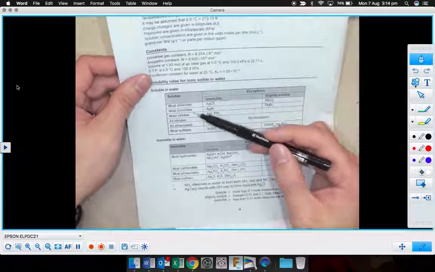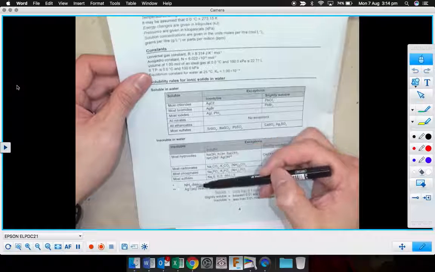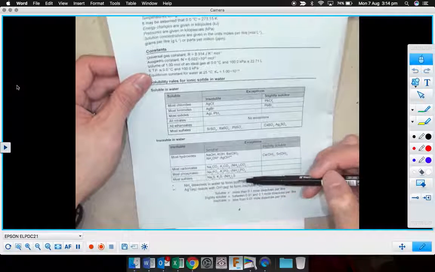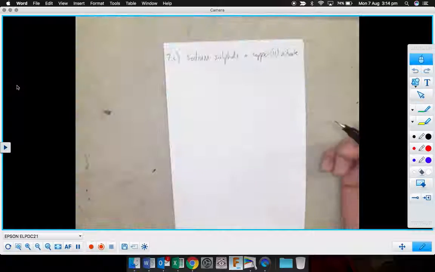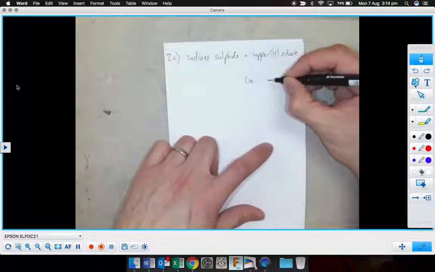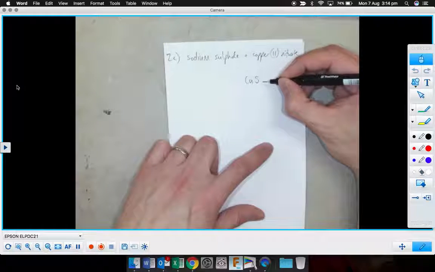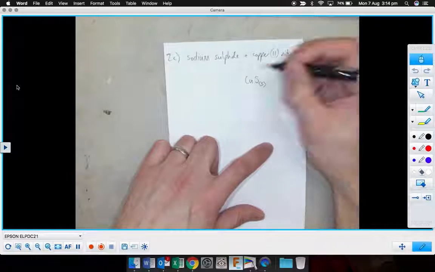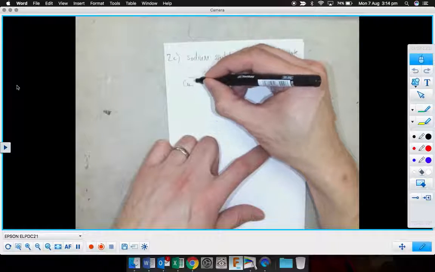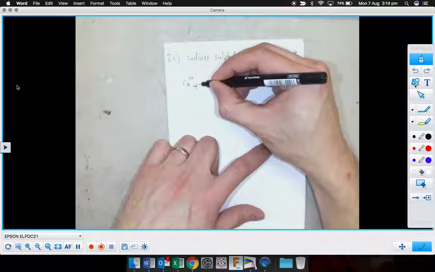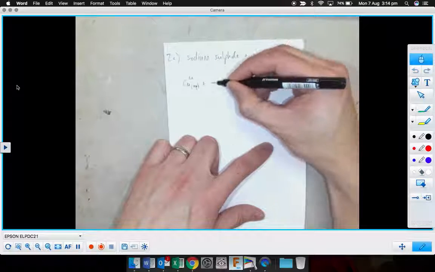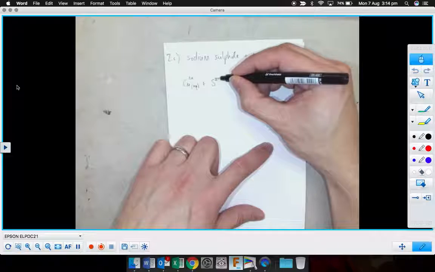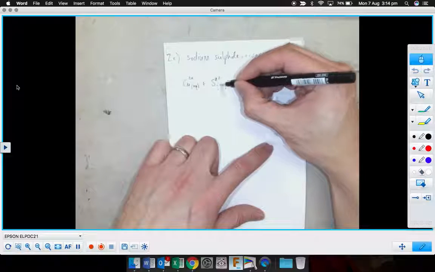Most sulfides are insoluble in water, and copper is not there. So therefore copper 2 sulfide is insoluble. How is it made? From copper 2 plus ions aqueous, and sulfide ions aqueous.